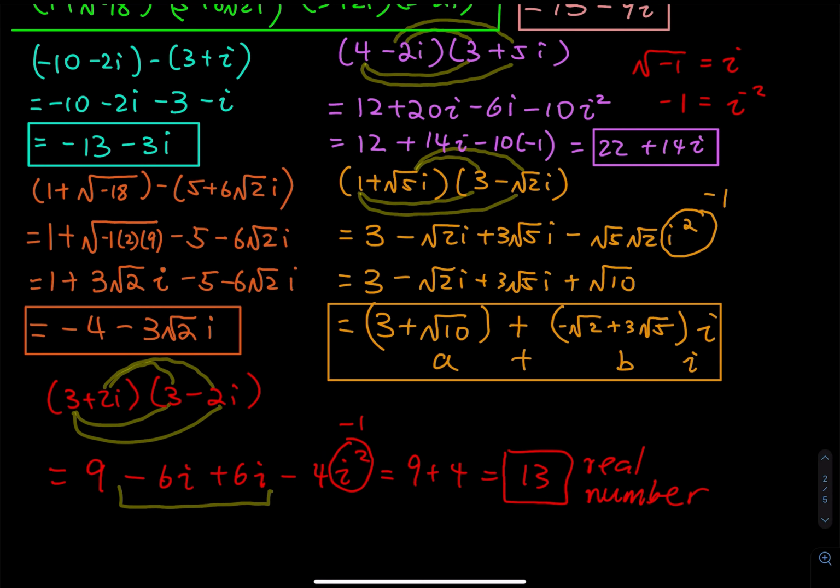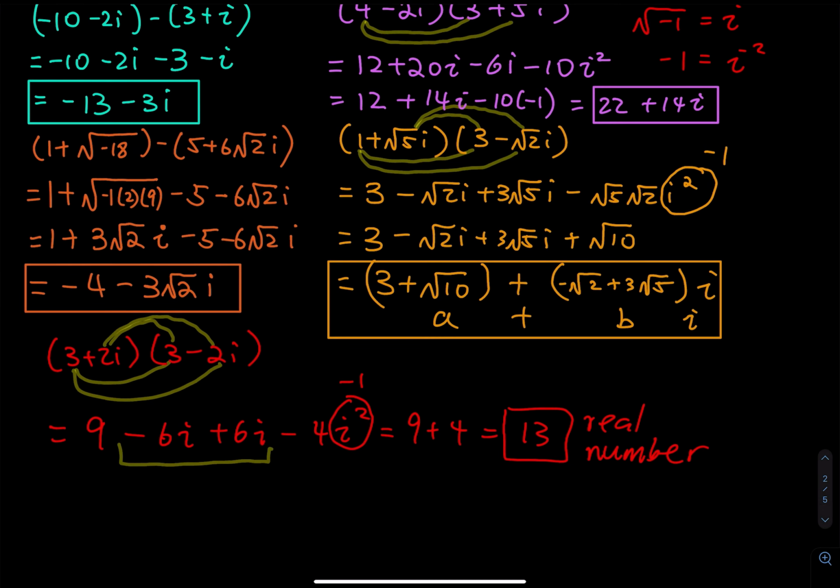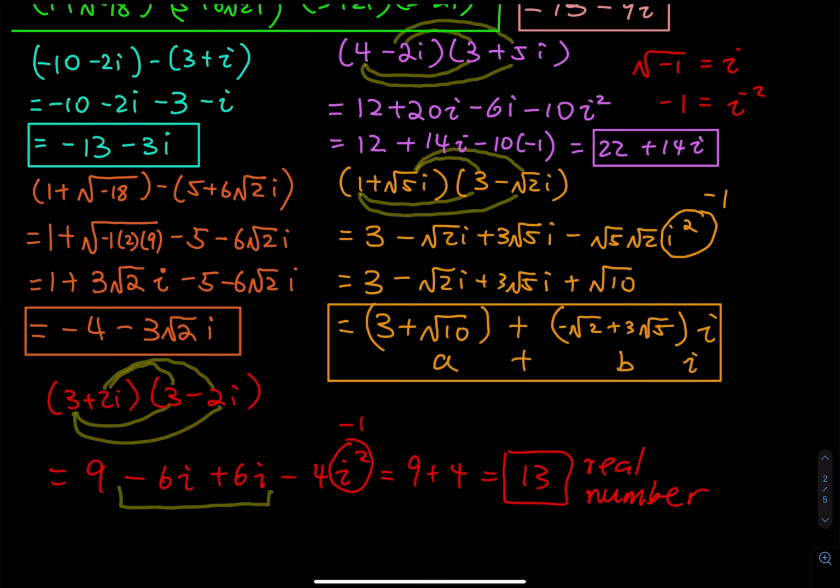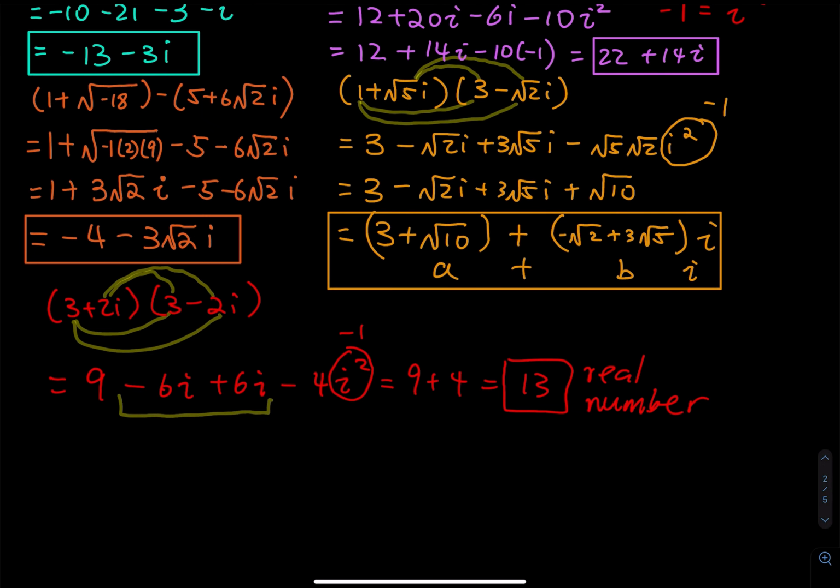Do you know why? Because for the previous two problems, you have an i. Do you see this? This one you have a 14i, this one you have an i, but this one has no i. Do you know why? The answer is, this is a 3 plus 2i, and then the other one is 3 minus 2i. So you have a 3 and a 2i, but when you look at the sign, they are the opposite, one plus, one minus.